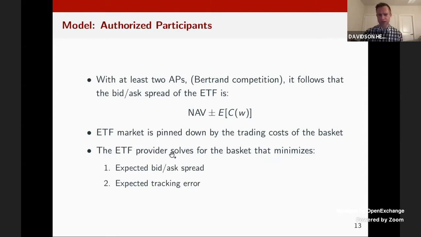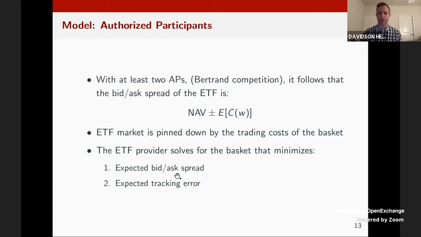And the ETF provider is going to solve for the basket that jointly minimizes the expected bid-ask spread, because they want investors to want to trade their ETF, and investors in the model prefer a lower bid-ask spread. And investors in the model also dislike tracking error.